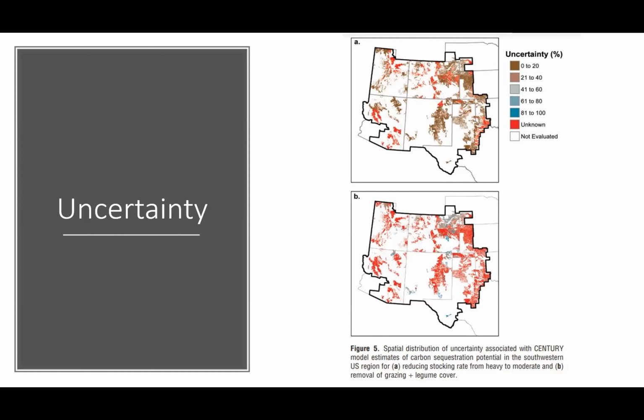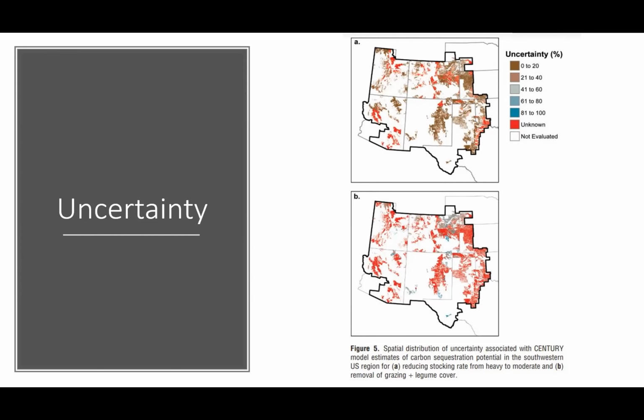and we've got a lot of data on that in this part of the world. So our estimates on that are mostly colored brown there, and that's 21 to 40% uncertainty, or even lower than that in some areas. That's a pretty good estimate of uncertainty.